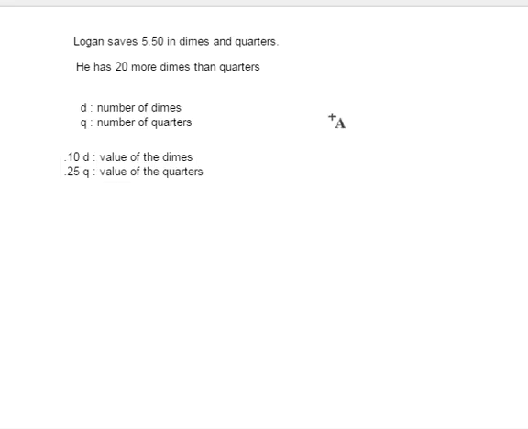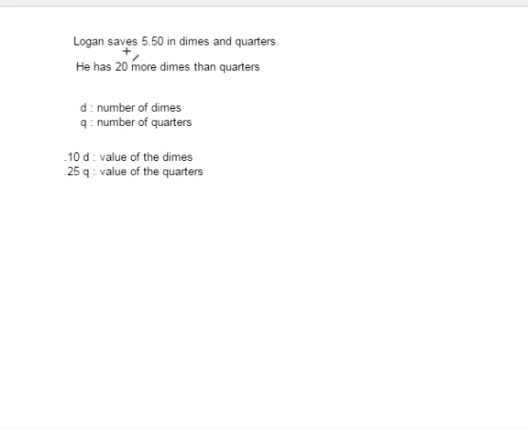So this is all of the background information, and now we're going to use the information they gave us, the information we extrapolated from it, and make two equations. The first sentence they gave us is that Logan saves $5.50 in dimes and quarters.